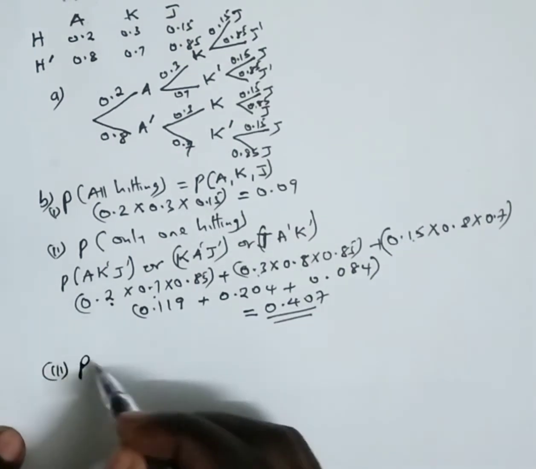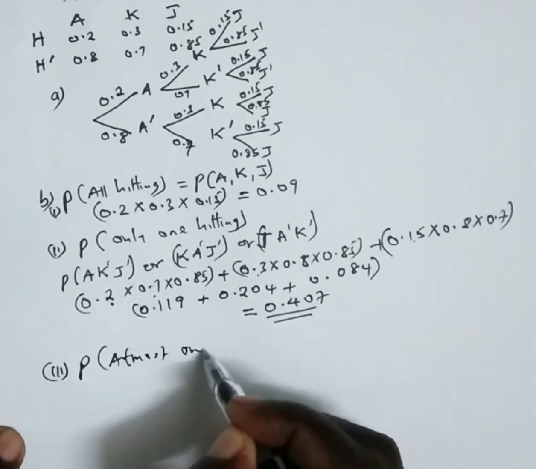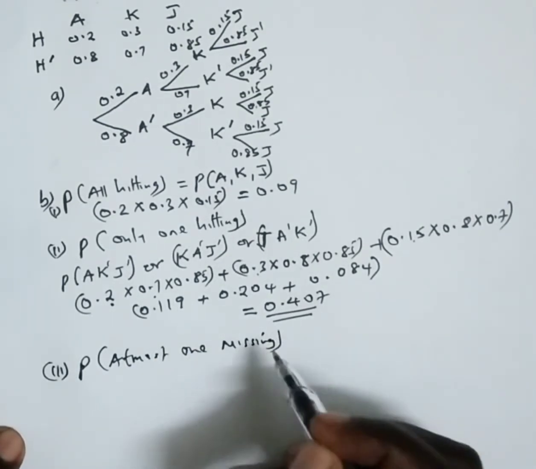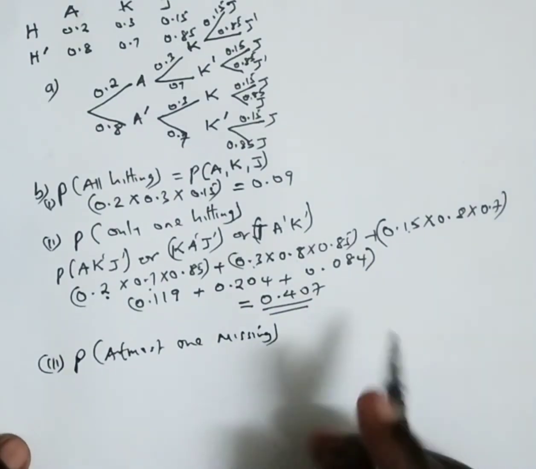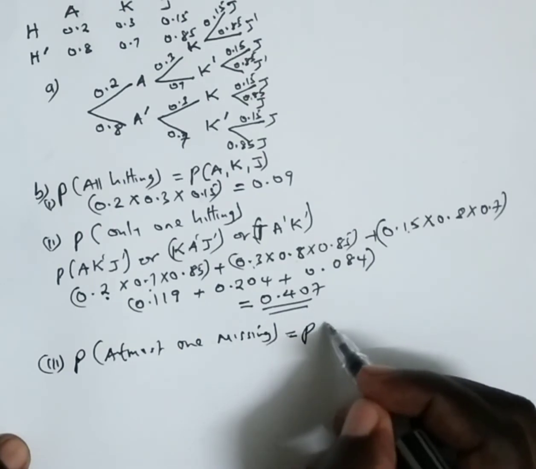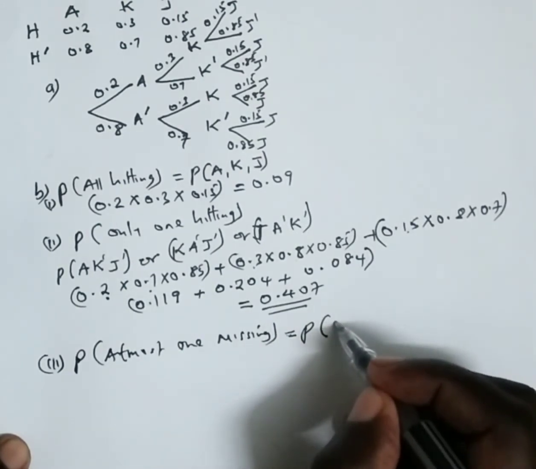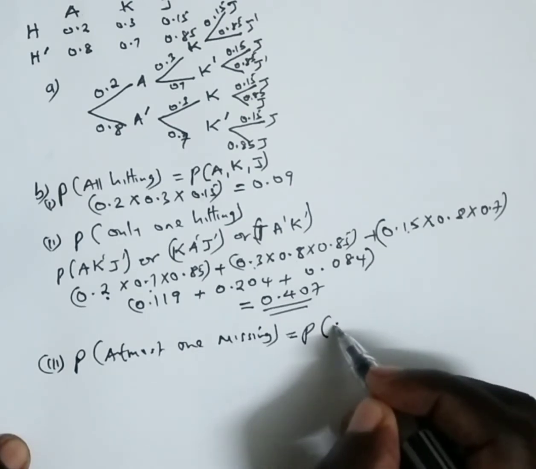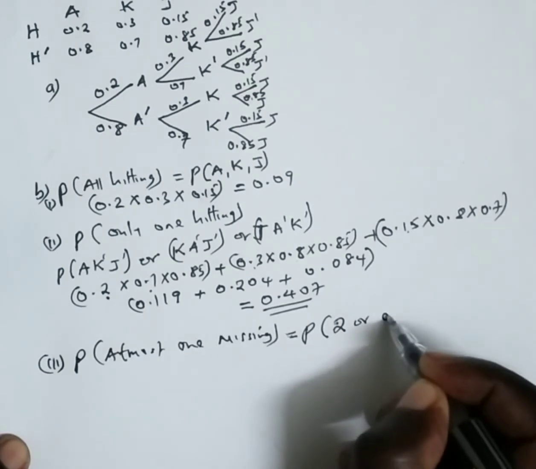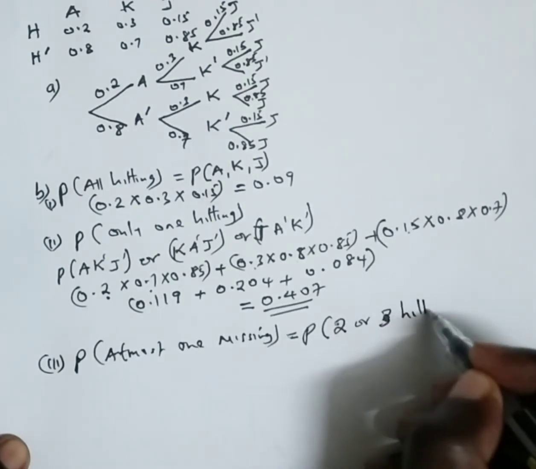At most one missing can be interpreted to mean it is the probability of either two hitting or all of them, that is three hitting the bull's eye.